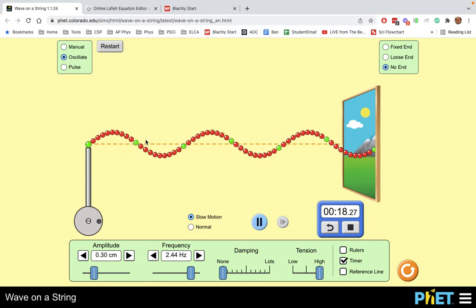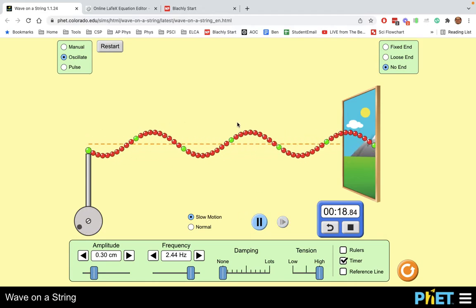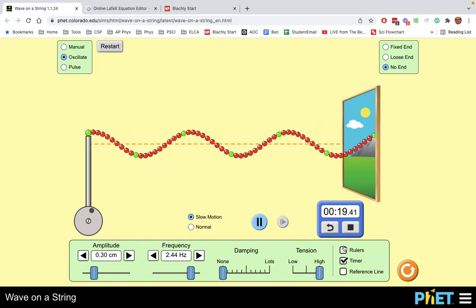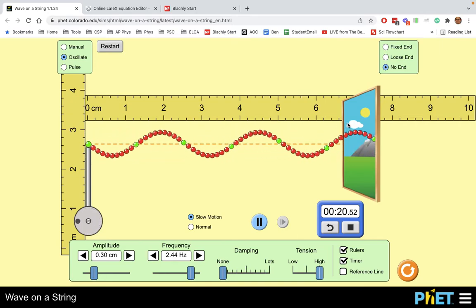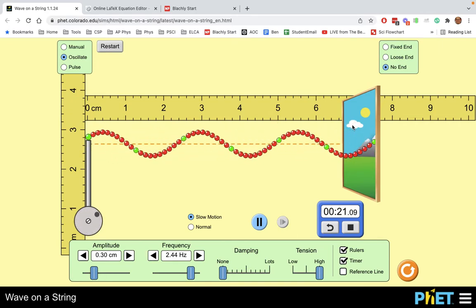But one of the things you can do is you can measure the speed of the wave. You can get yourself a ruler, and you can measure how long it takes this wave to go all the way to the window, which is 7 centimeters away.